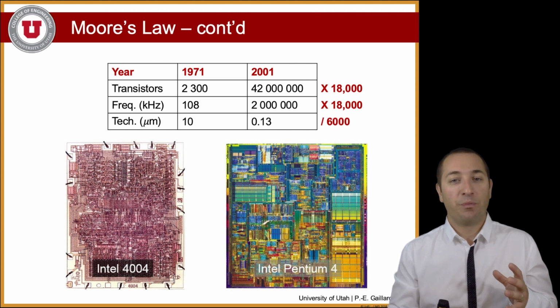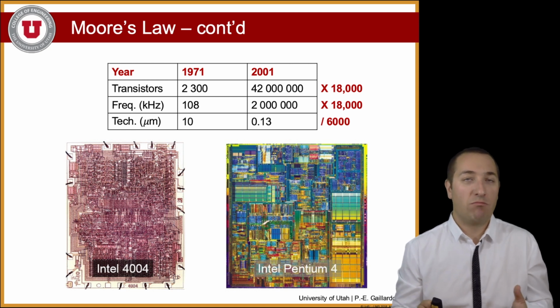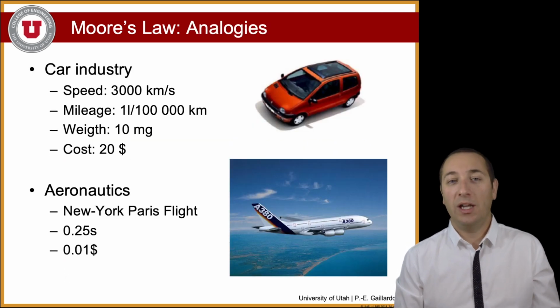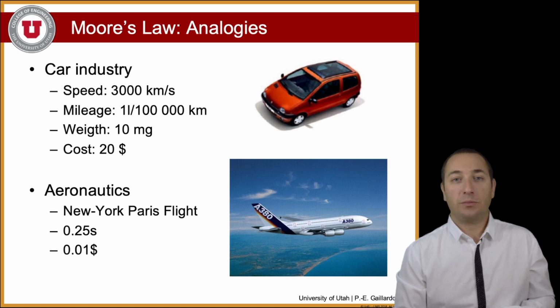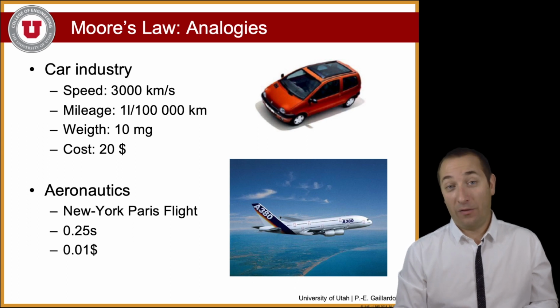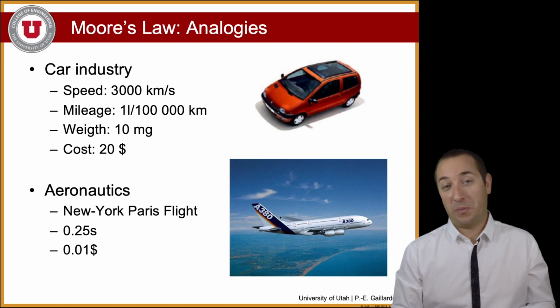And I'd like to make a parallel with the other two industries that are part of the Industrial Revolution, namely the car industry and aeronautics. If you apply the same scaling rules on the car industry, cars should be going at 3,000 kilometers per second with a mileage of 1 liter per 100,000 kilometers, weigh only 10 milligrams, and cost $20.